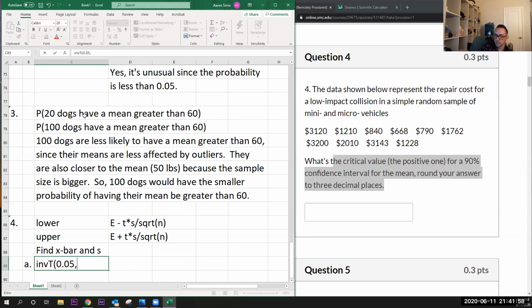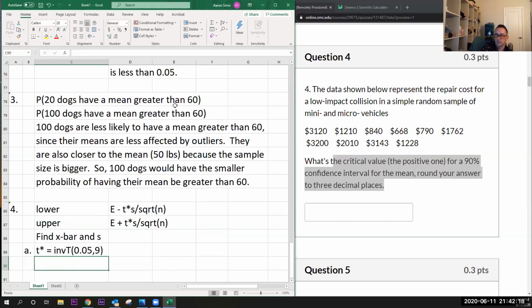1, 2, 3, 4, 5, 6, 7, 8, 9, 10. So I'm going to put like 9 for the degree of freedom. That's how I find the critical value. That's called T star. T star equals... Let's see if this has it.